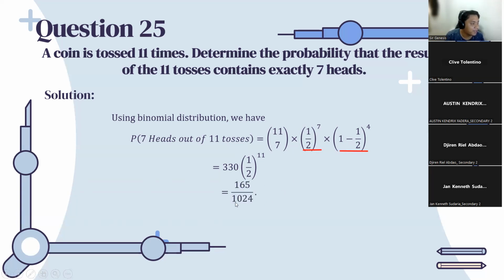Then simplify: 2 raised to 11 is 2048. Now that will be 330 over 2048, which can be simplified into 165 over 1024. So that is our final answer for number 25.